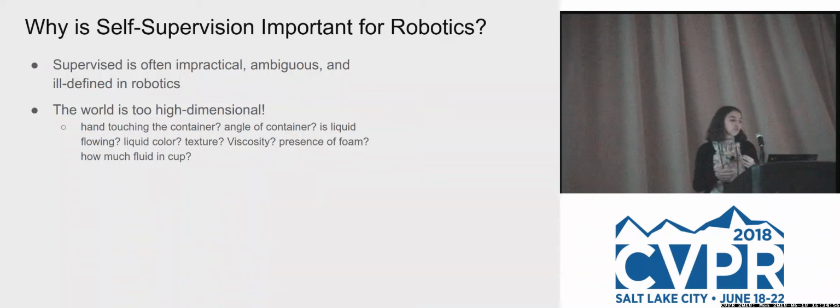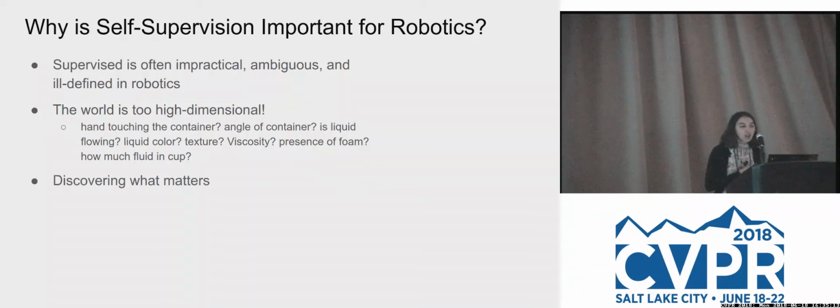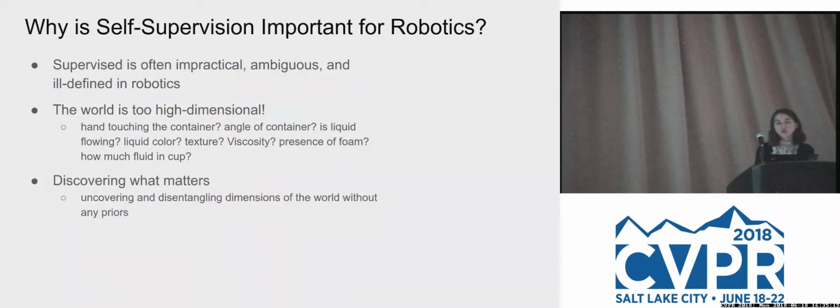The data is very, very high dimensional. It will make sense to use some sort of unsupervised learning to find the useful components, or find the useful representation, before trying to do any learning with robotics. And in the same sense, you would hope that these lower dimensional useful features will disentangle and uncover what really matters.